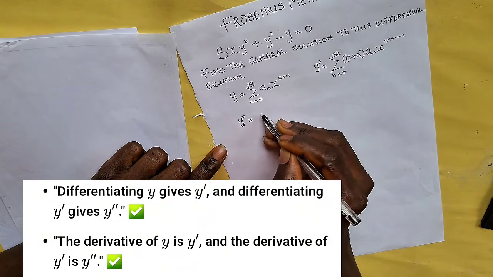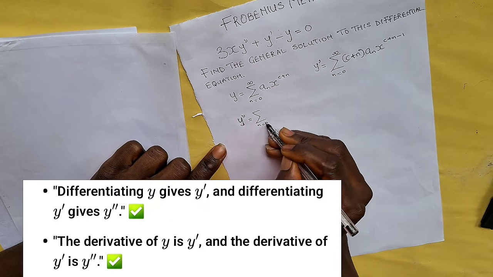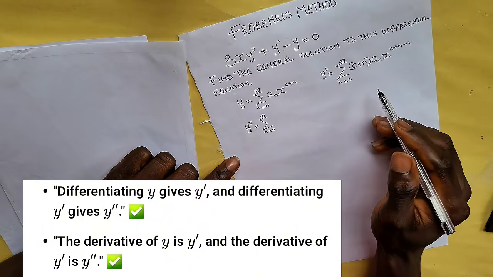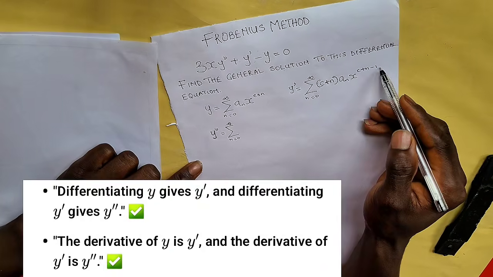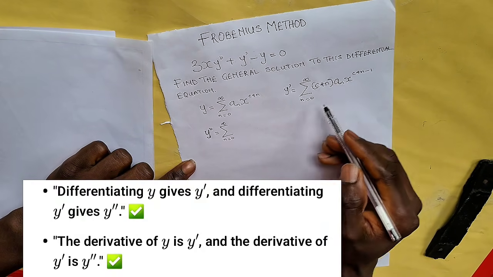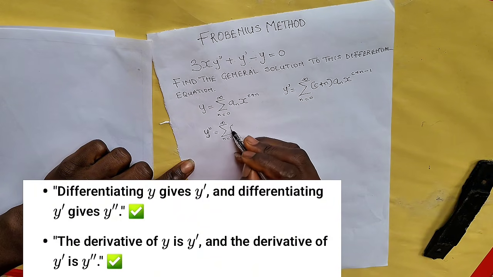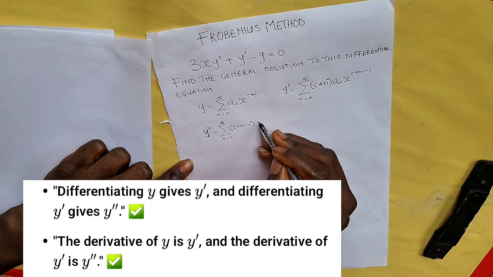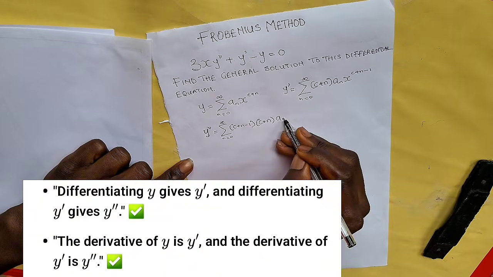Okay, so what are we going to get for that? We put the summation sign. Then, okay, so go ahead and differentiate this. What are you going to have? That means you use this power again, which is c plus n minus 1, to multiply the coefficients, which is now (c plus n) a_n, because we are differentiating this the second time. So I'm going to have something like (c plus n minus 1) into (c plus n) and a_n.